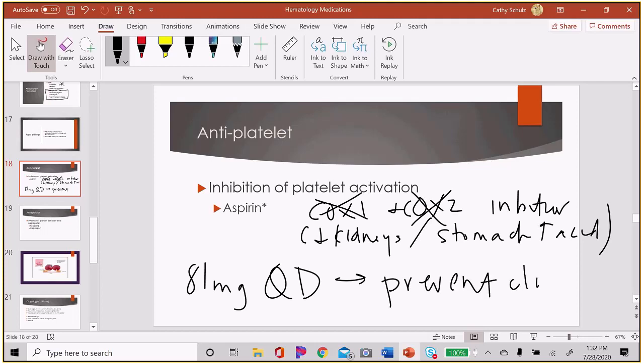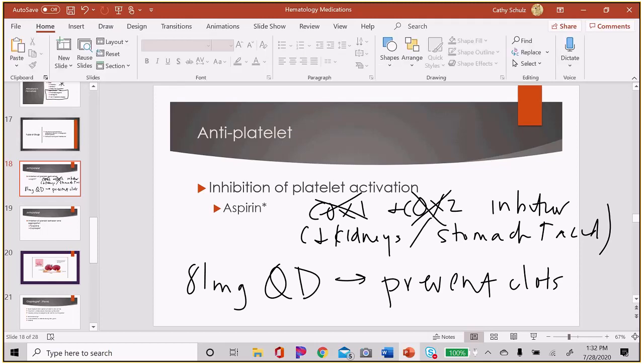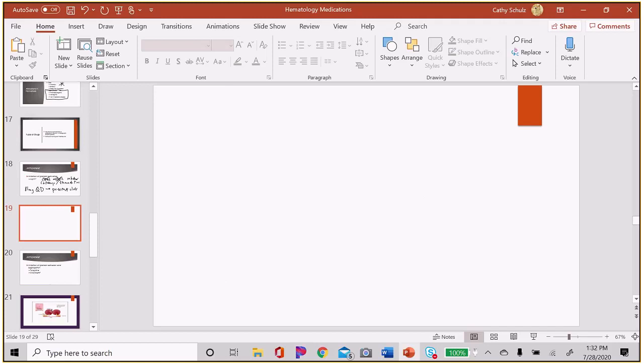So the people that get antiplatelet aspirin therapy daily are people that are at risk for clot formation. You're hoping to start people on this medicine before they even develop a clot. And we know that there are several categories of people that are at increased risk of developing a clot. We want them to not have an MI or CVA. We don't want this. Stop it from happening.